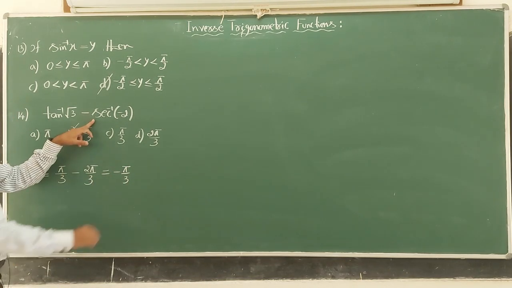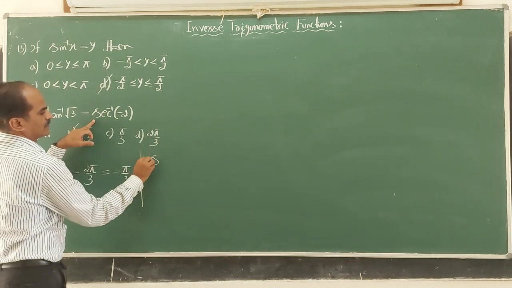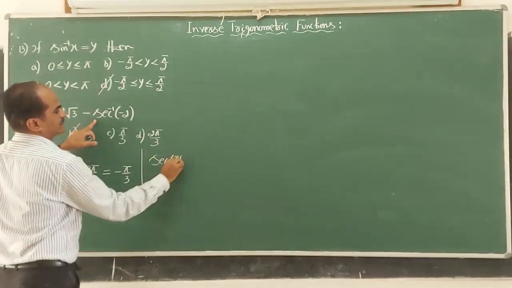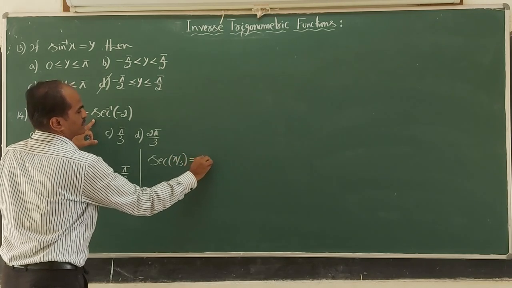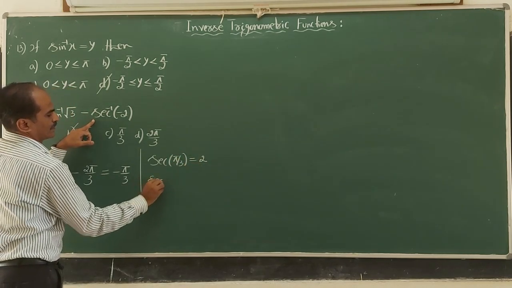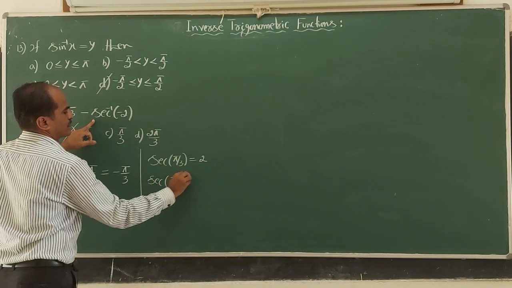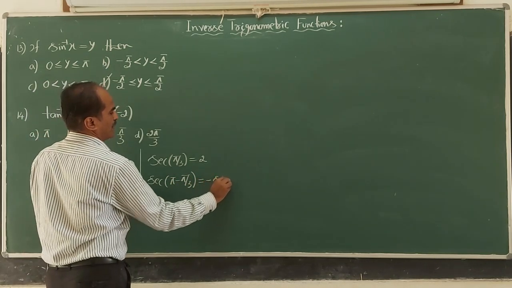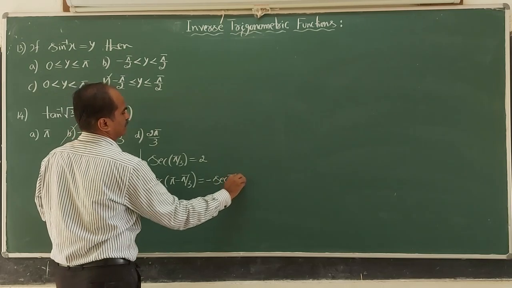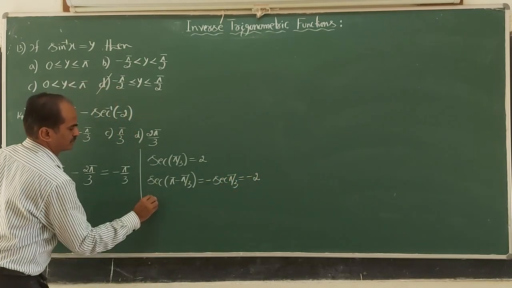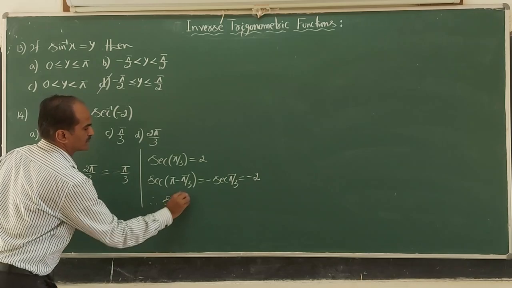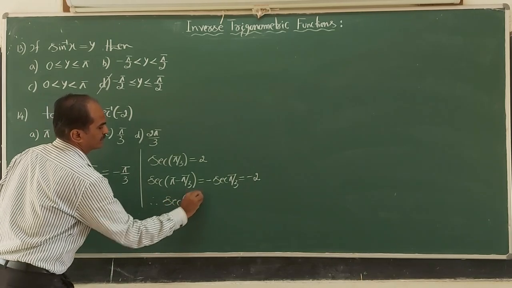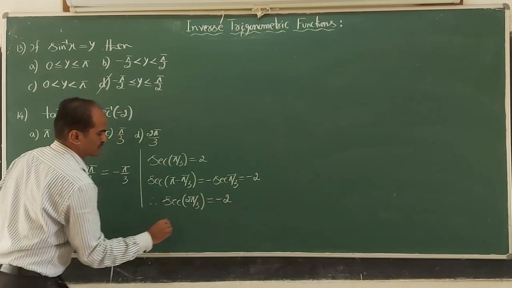I hope you followed this. I said secant of pi by 3 is 2. Secant of pi minus pi by 3 is minus secant pi by 3, that is minus 2. Therefore secant of 2 pi by 3 is equal to minus 2.